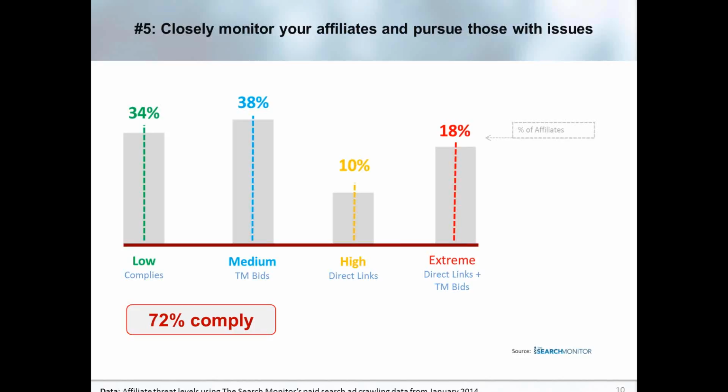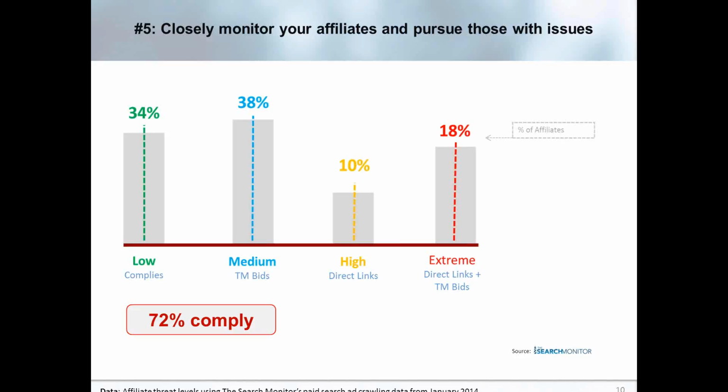Those are all important. And then with direct linking, some of you don't know what direct linking is. That's when an affiliate would take a merchant's display URL, use it in an ad, and then direct traffic through their affiliate link directly to the merchant without going through a landing page first. That can be useful if the merchant is not doing paid search activity. It could be a great thing for them to allow you to do.